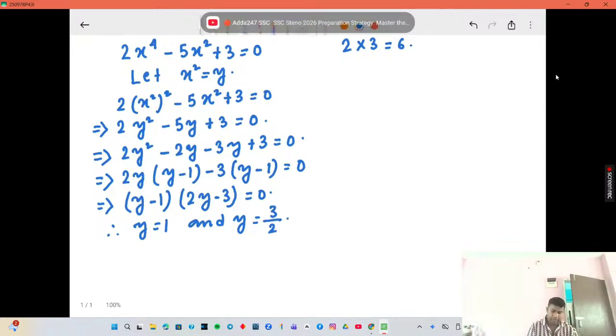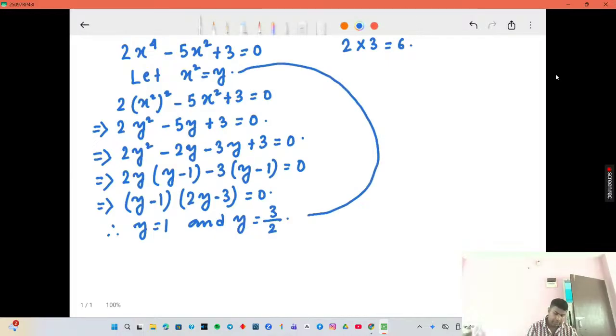But we can see that we have taken the value of y as x squared, as you can see in this second line. Okay, this one. So now what we have to do, we have to put the value of y here. So x squared is equal to 1 and x is equal to plus minus 1.